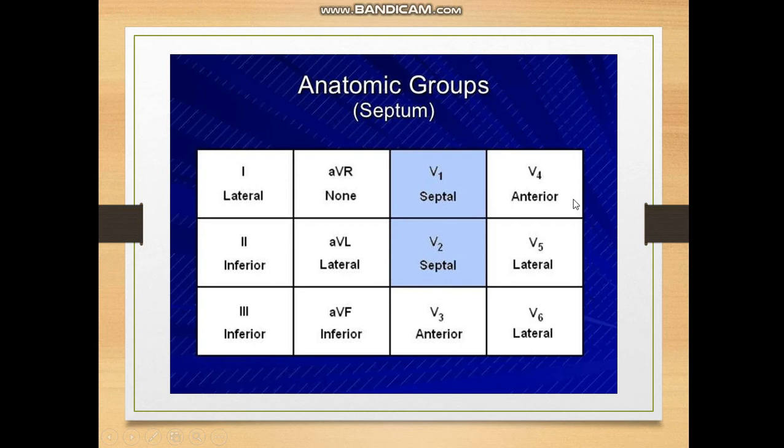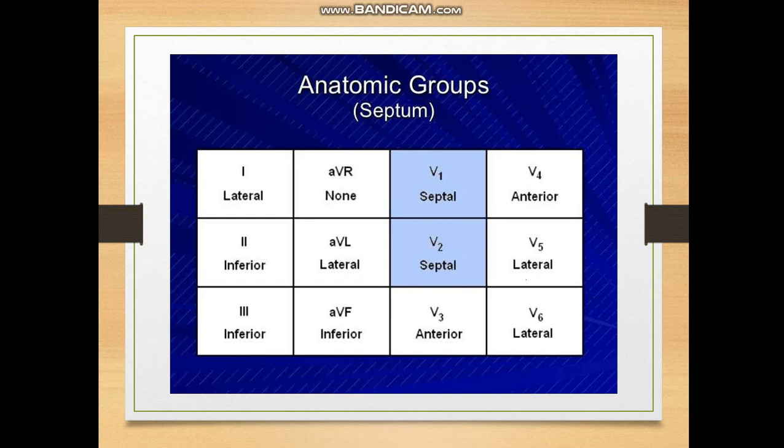anterior aspect of the heart, V4 anterior aspect of the heart, and this is the lateral, this is also the lateral part. The leads record which part of the heart is notable in this slide. Lead 1 depicts the lateral side of the heart, lead 2 the inferior side, lead 3 also inferior. AVR none, it does not depict any part considerably.